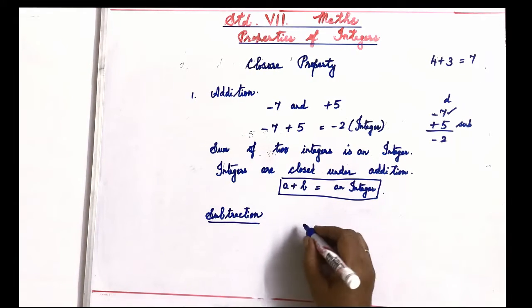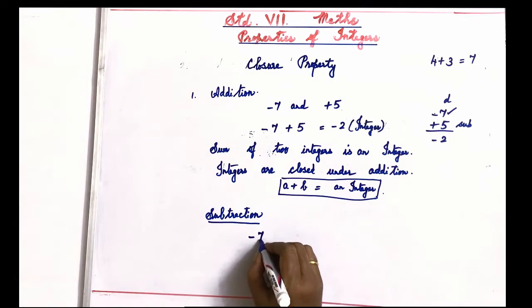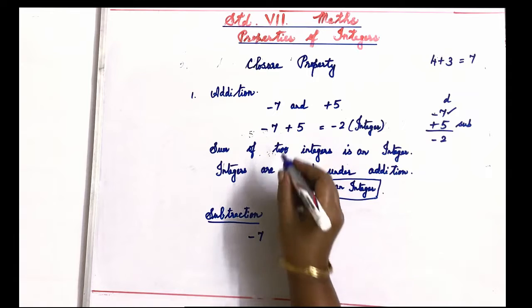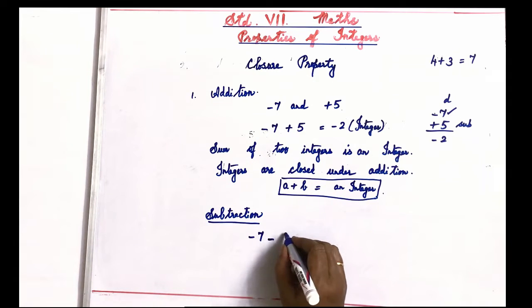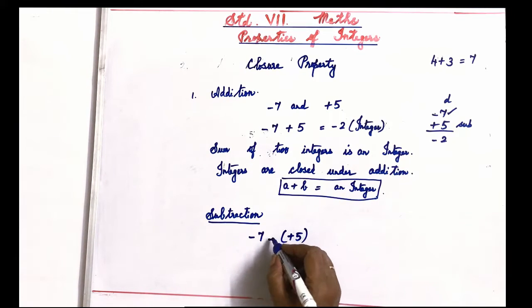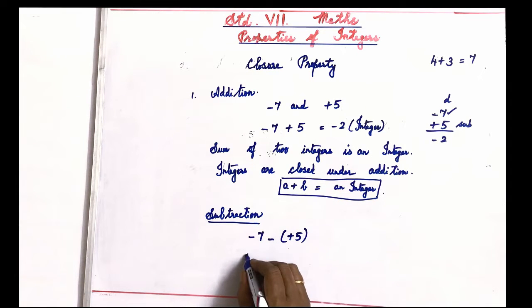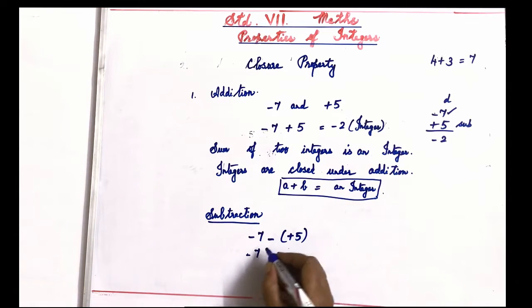The same two integers we are going to subtract now. So first integer is minus 7. Instead of addition, now we are going to write minus, and the second integer is plus 5. Whenever we are subtracting, we should add the additive inverse. So minus 7 is the first integer, it should be written the same.